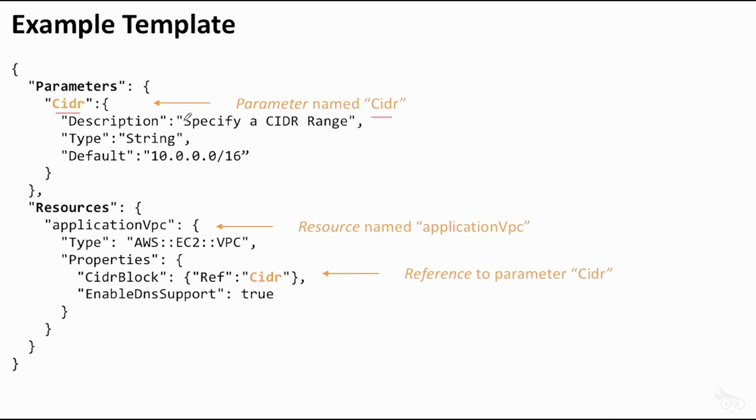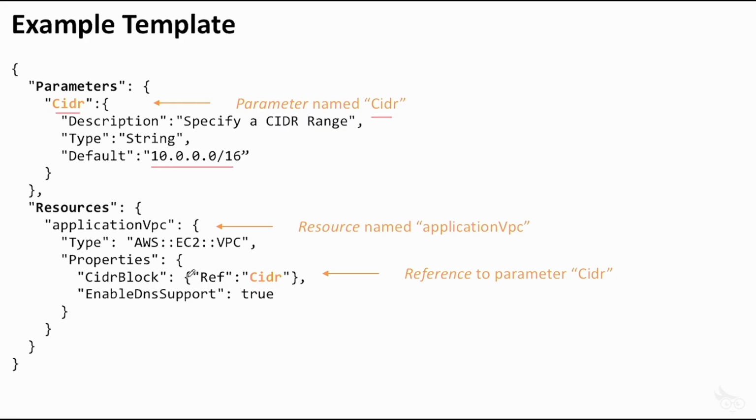When we upload this into the AWS console, we will be presented with a text field with this particular text, CIDR, off to the left as the label, and it will give us a place to type in a value, and that particular text box will be pre-populated with this value here, with the default. And so we would use this parameter. You'll notice we're going to use this parameter later as a reference in our resources.